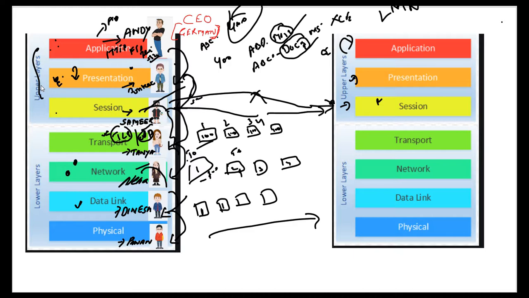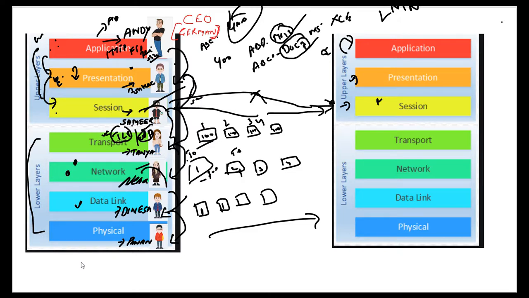The network engineer or network administrator has nothing to do with these three layers. Suppose you write an email on Gmail; your system makes it presentable, sends it, and creates a session with the other end. After that, these four layers come into play. So these are my lower layers.